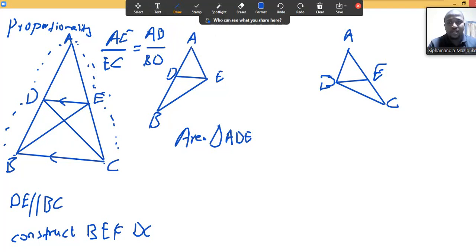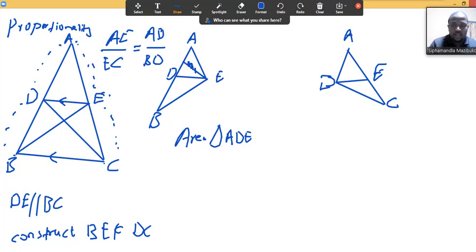We're constructing a line between AD and E, a line joining AD and E, and we call it H1. So that is our height.